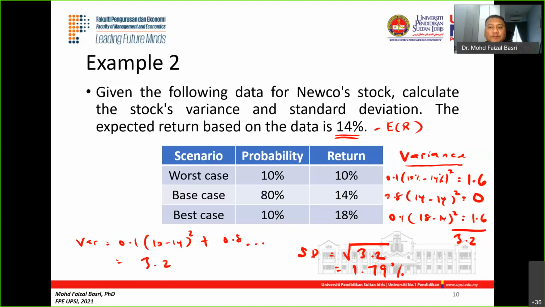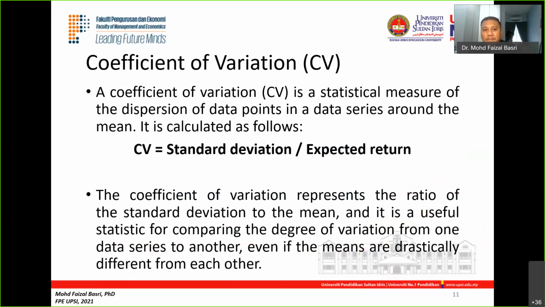All right, so that's the measurement for single investment. For ER, earlier we calculated ER, then we have variance and also standard deviation. This is for single investment. On top of that, we also can measure what we call the coefficient of variation, or CV.